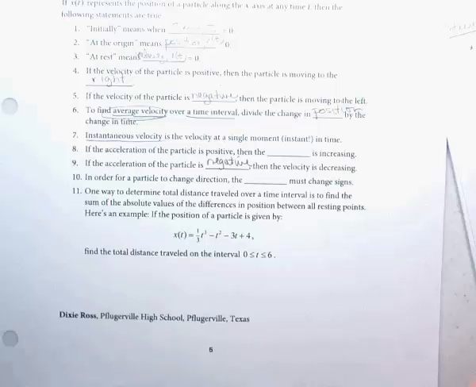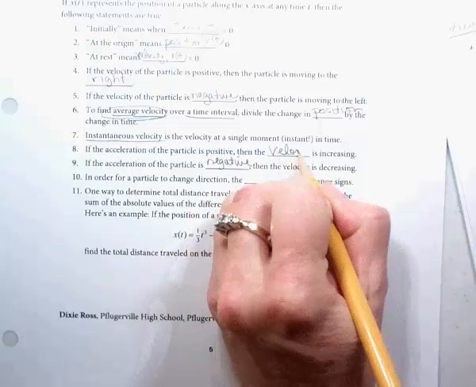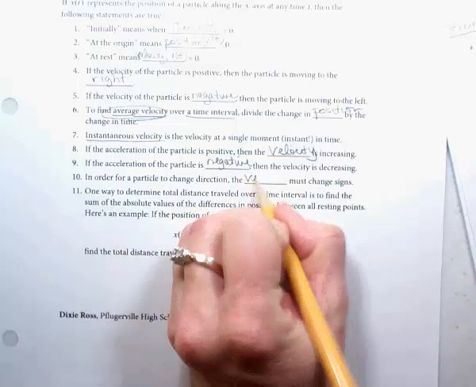If the acceleration of the particle is positive, if I have a positive slope, a positive acceleration, then the velocity is increasing. I would have edited that and you would have never known, but unfortunately via the document camera, there's no editing. All right, 10. In order for a particle to change direction, the velocity must change signs.